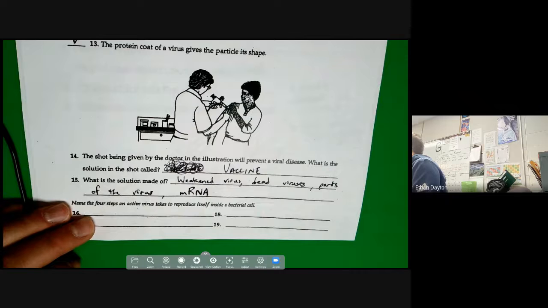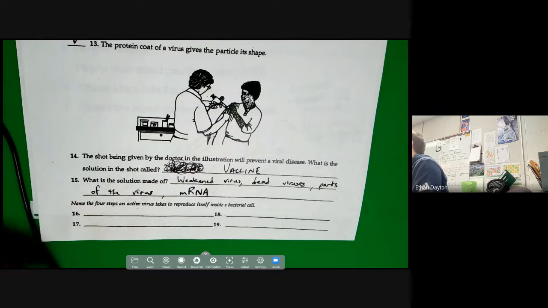Because the virus attaches to the cell and tells it, hey, make this recipe. Yeah, pretty much. That was simplified.